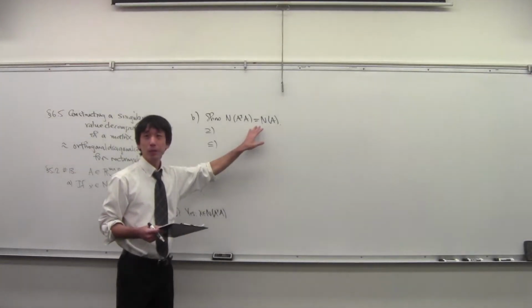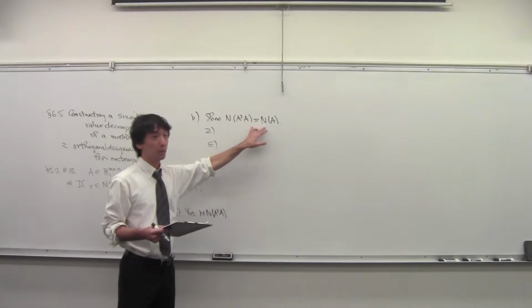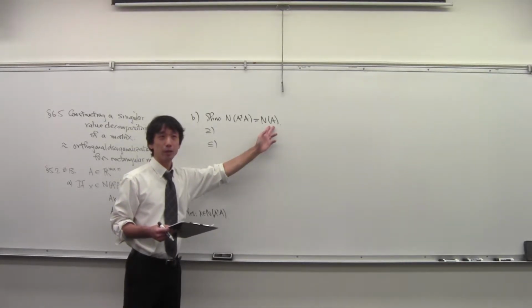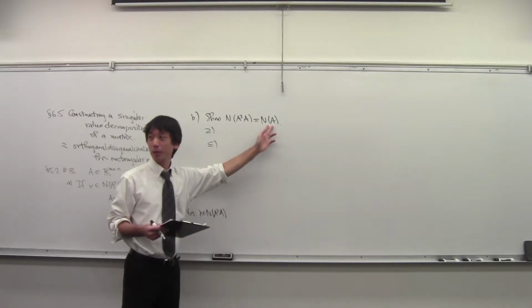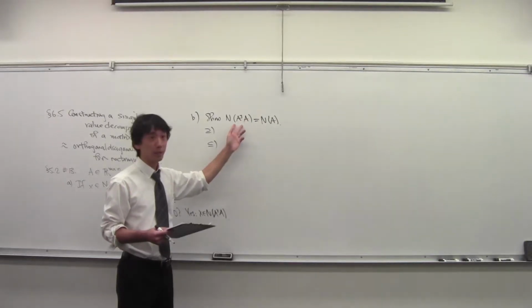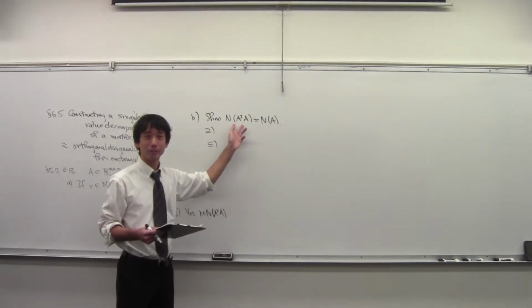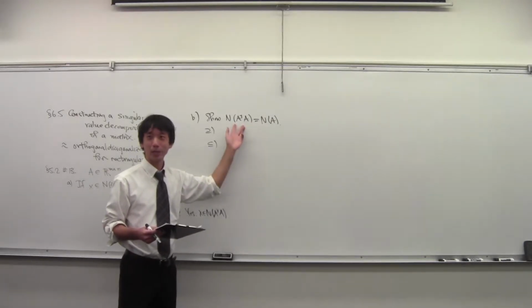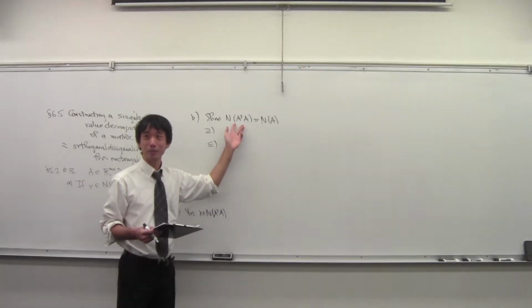Okay. So can anyone just look at this and tell me why, if you are killed by A, if you are a vector that A sends to 0, why does that mean that you are a vector that ATA sends to 0? If A kills you, why does ATA kill you? Dan? Because A times the vector equals 0, then AT times 0 equals 0.